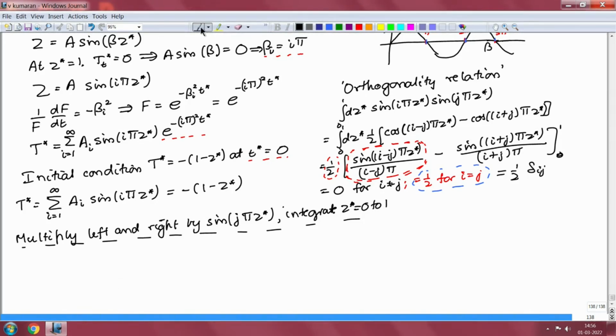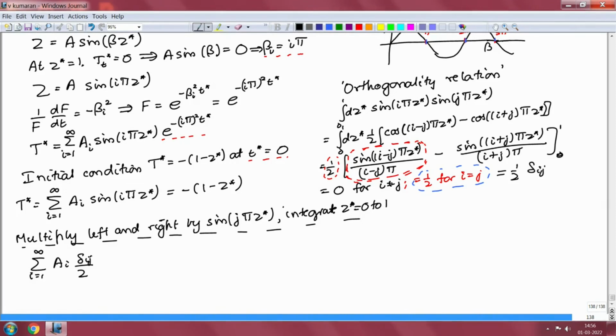On the left side, when I carry out this, I will get the summation of i equal to 1 to infinity of A i times delta i j by 2. So, it is A i multiplied by some factor. That factor is 0 when i is not equal to j, and it is a half when i is equal to j.